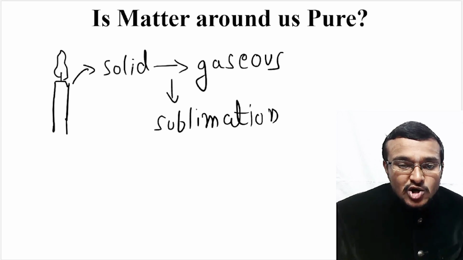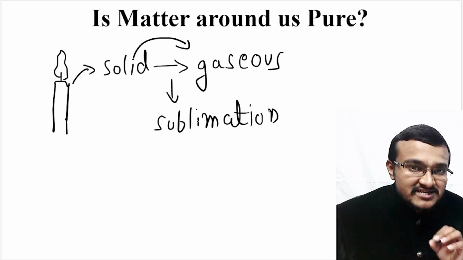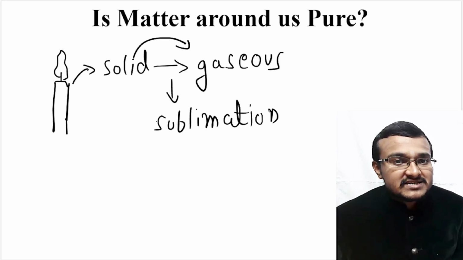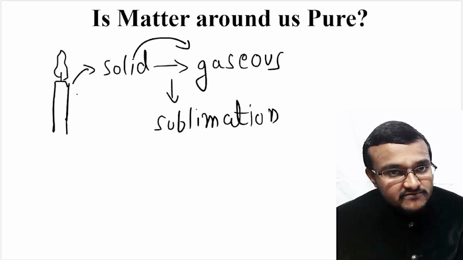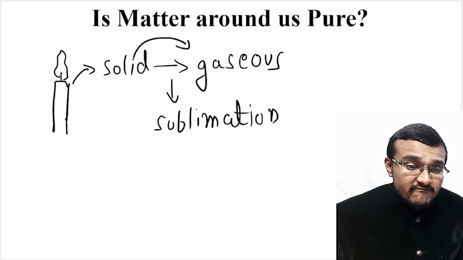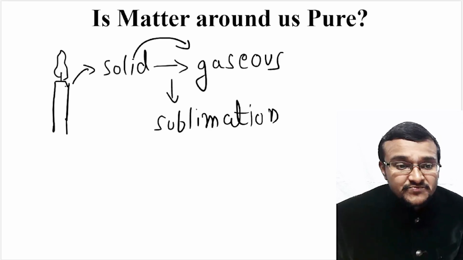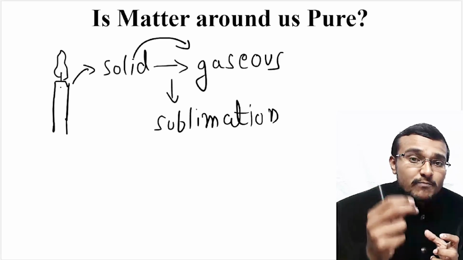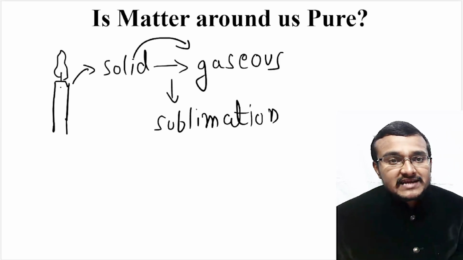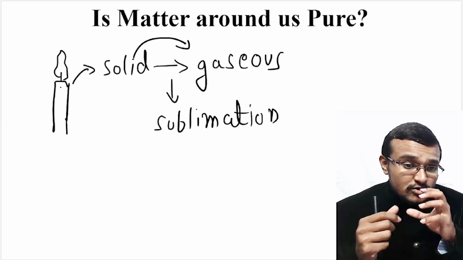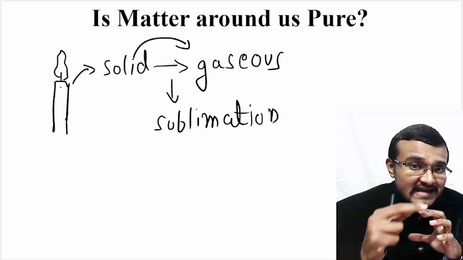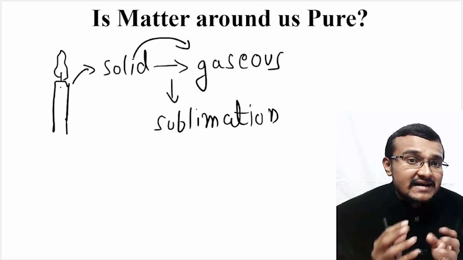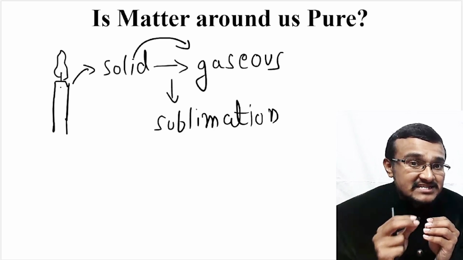And also there is a chemical change happening in the burning of the candle, because when the candle is burning, the composition in the candle is reacting with the oxygen molecules in the atmosphere, and there is a kind of chemical reaction happening.